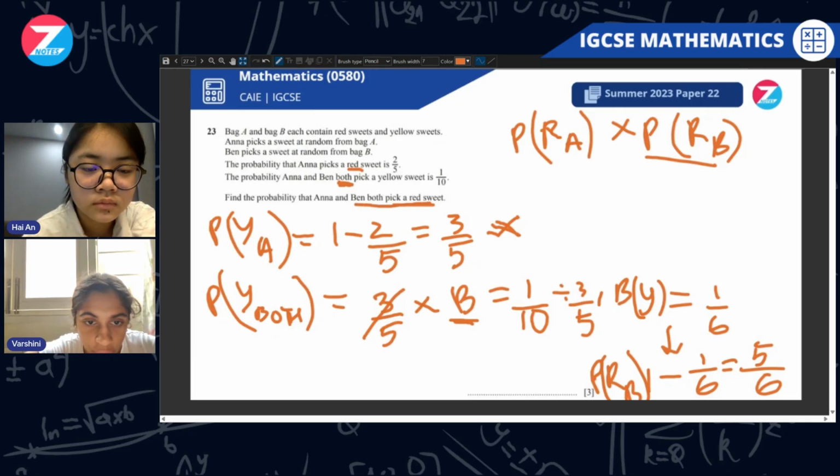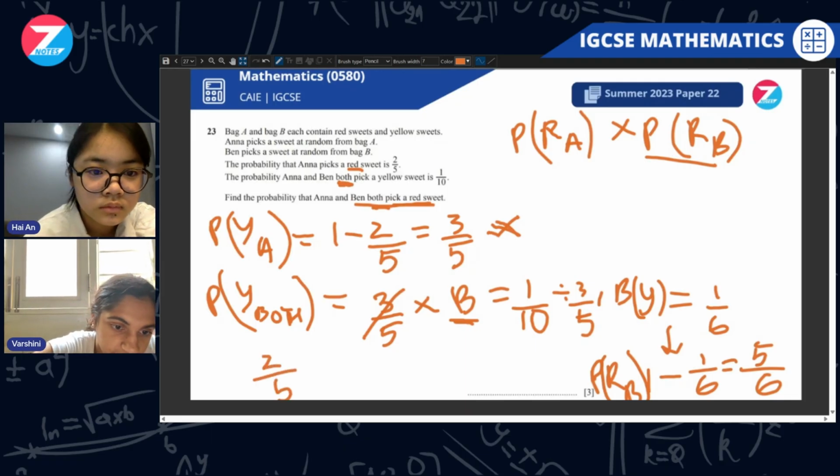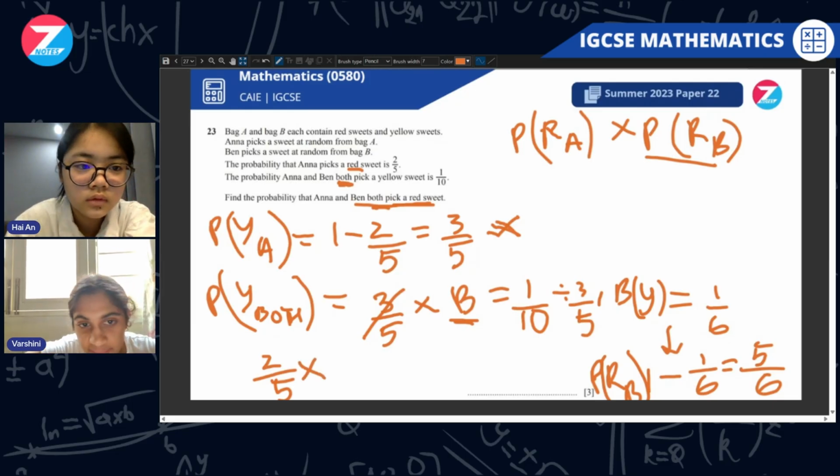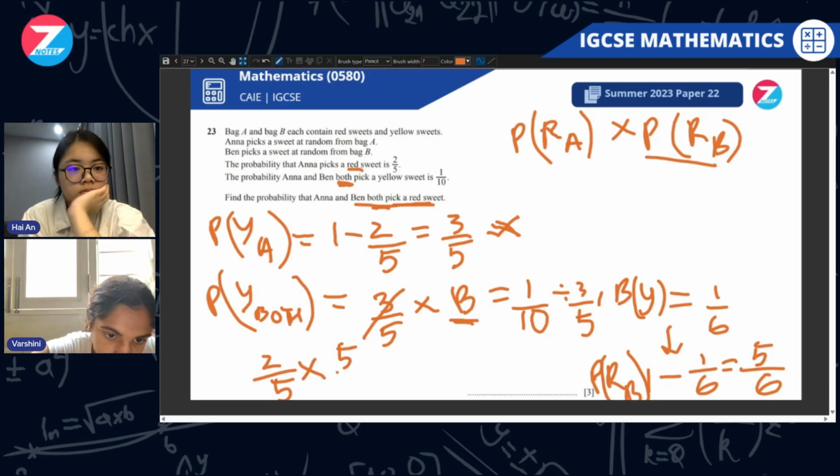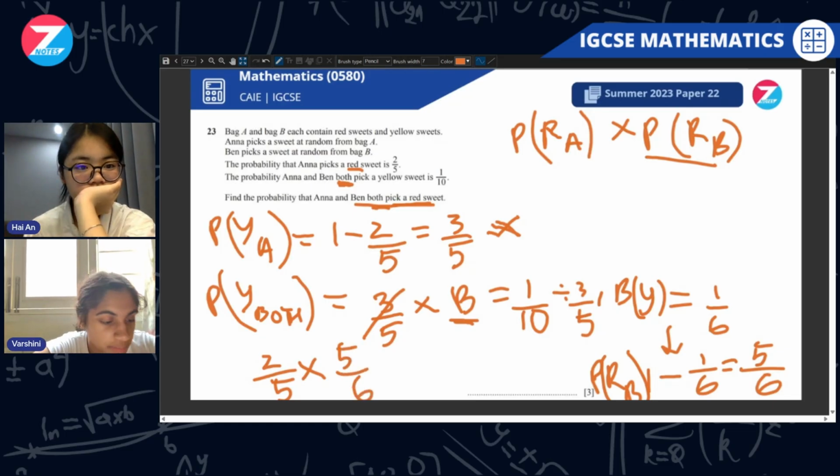Again, we know both, so we're going to multiply. So P of Anna picking a red sweet is 2 by 5, into the probability of Ben picking a red sweet, which we calculated to be 5 by 6. And if you put that in your calculator, you should get 1 by 3, which is our final answer.